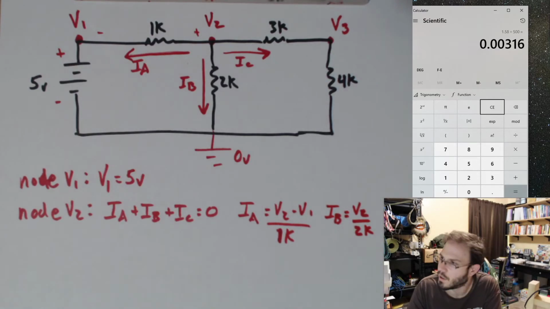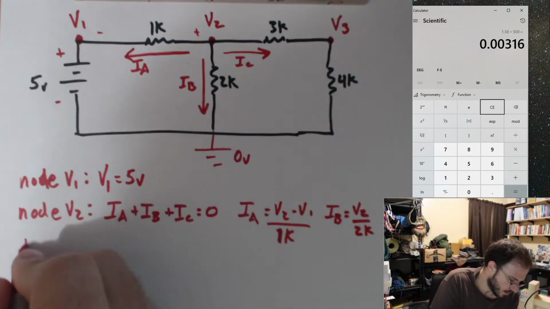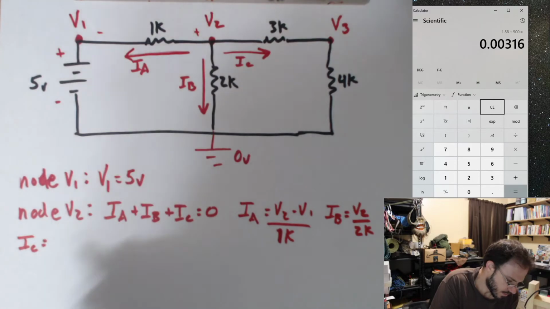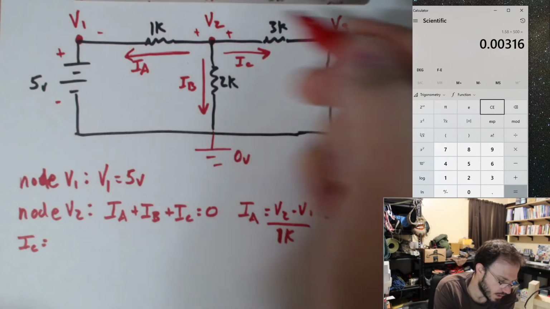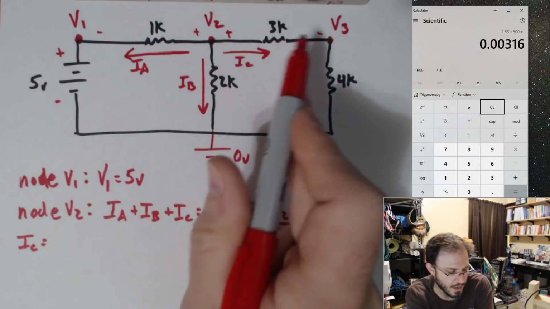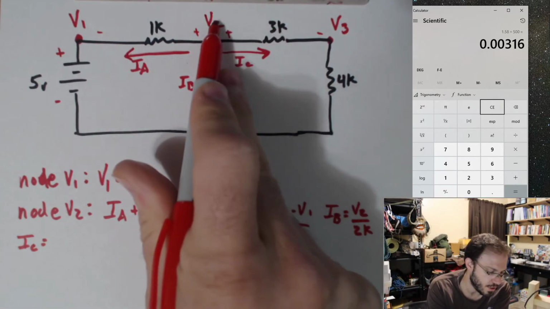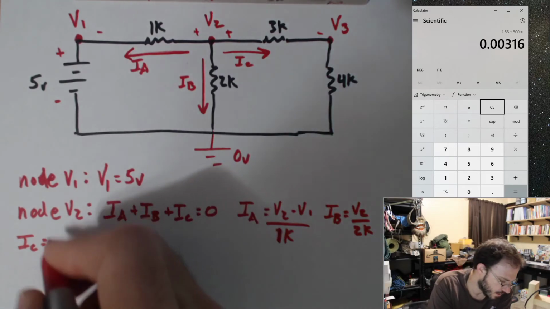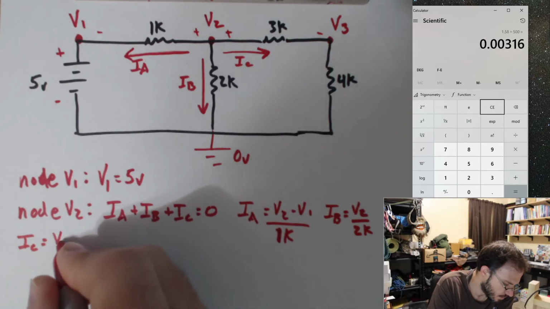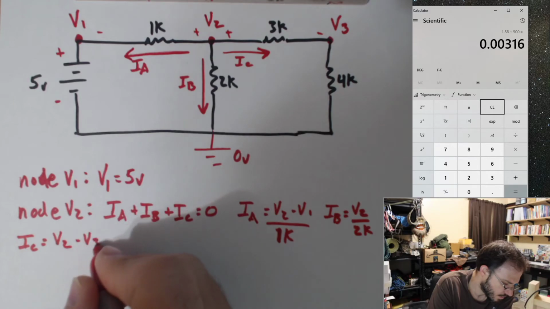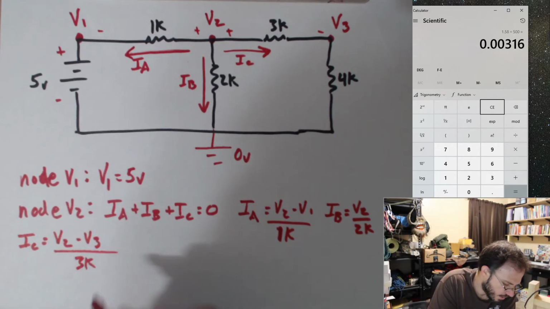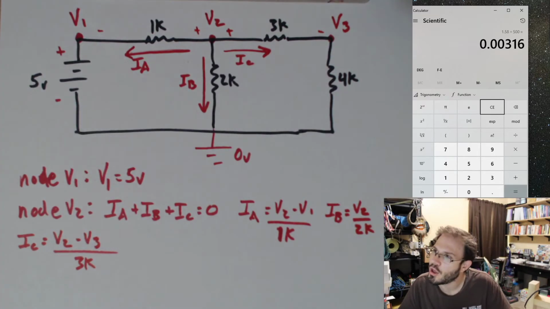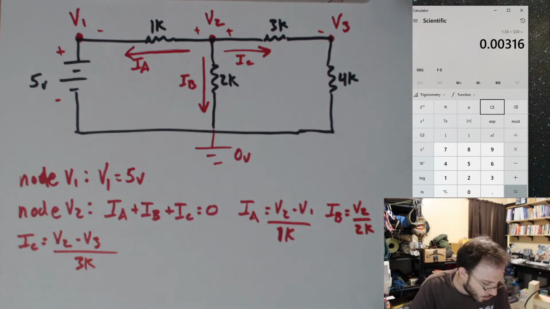And our last one, IC, is going to be equal to, use the polarities to help you out, higher, lower. Current goes from a higher voltage to a lower voltage, plus V2, minus V3, divided by 3K. Plug all those back into our original equation.